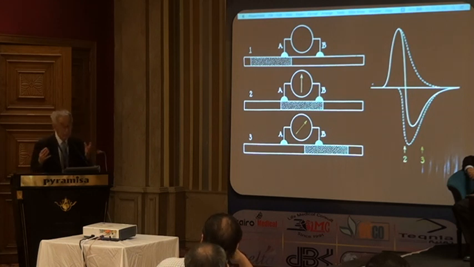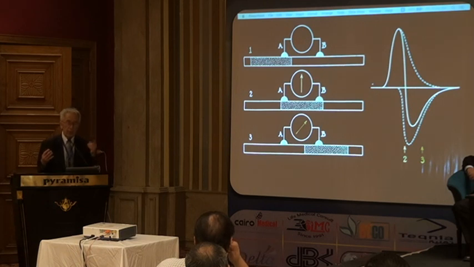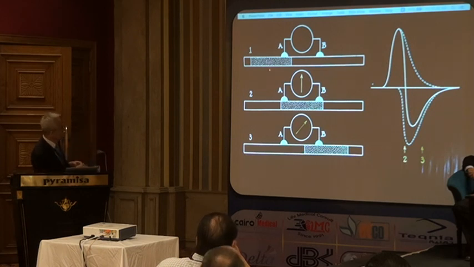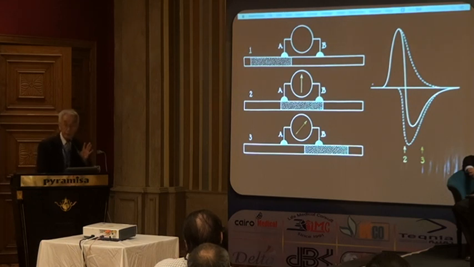We now tend to use electrodes E1 and E2. You need two electrodes like this, A and B, because what you measure here is the potential difference between the two recording electrodes.